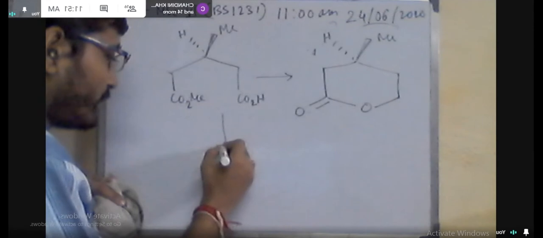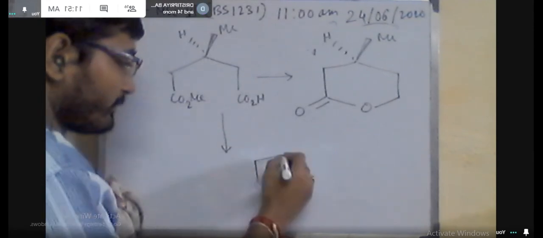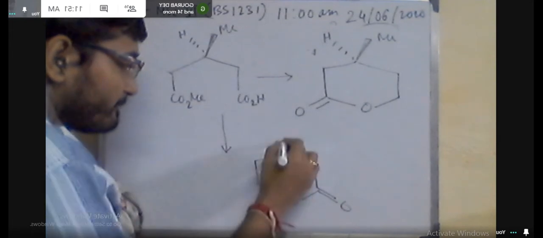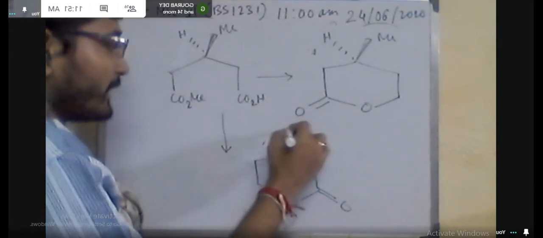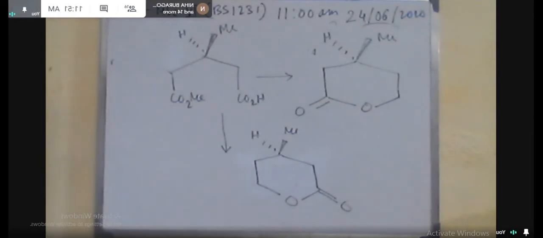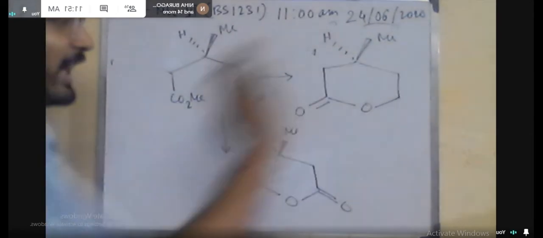It can selectively reduce the acid group. So here if the acid group is reduced, you will get CH2OH. Now this is the ester.